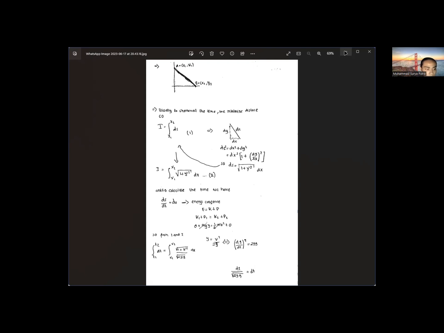Okay, this is one. E equals to plus one. Yeah, I already have it for E.